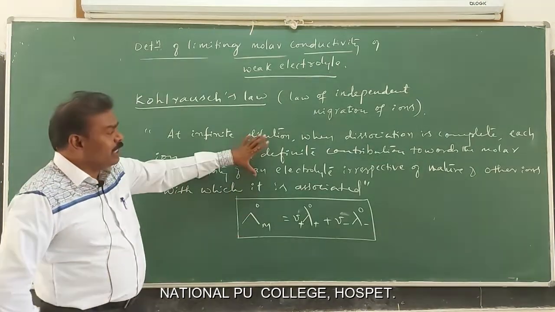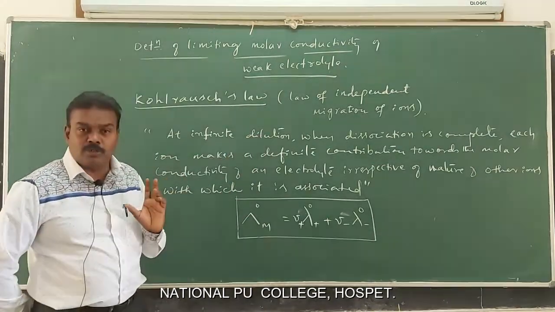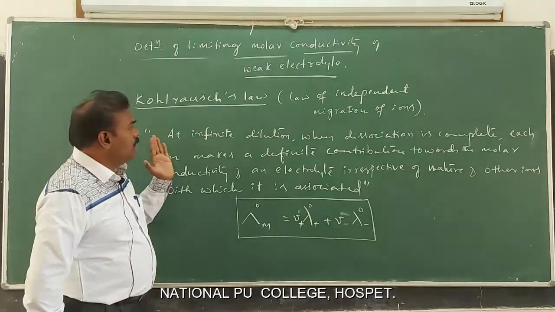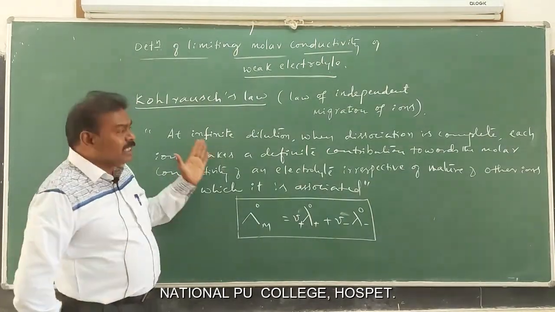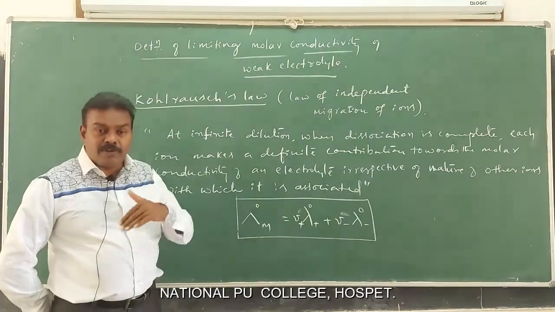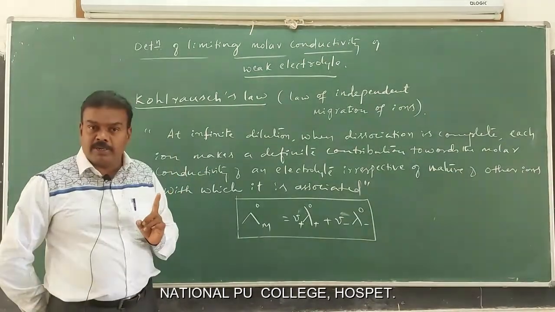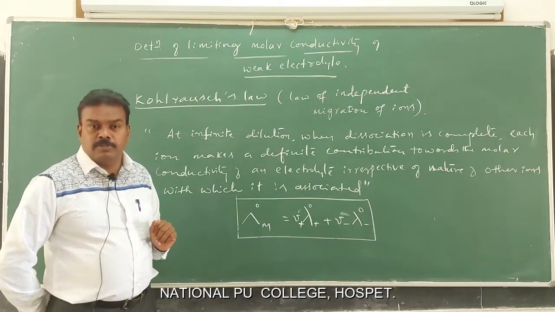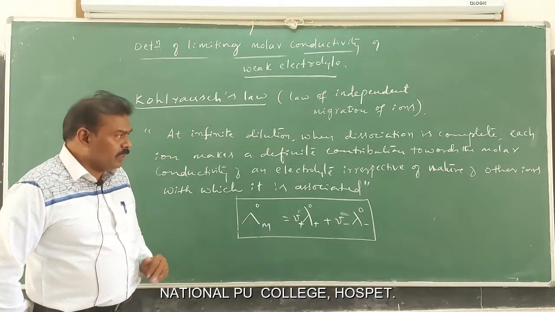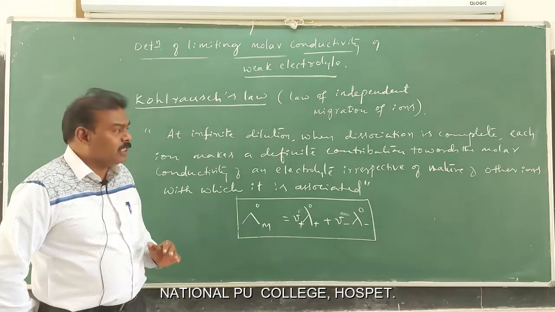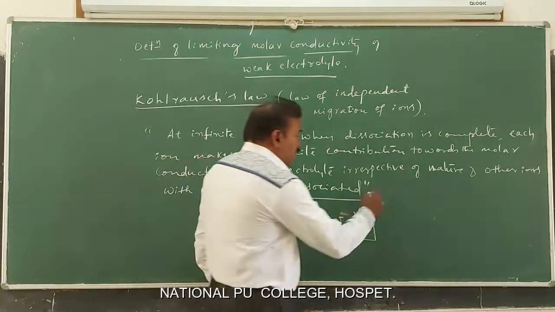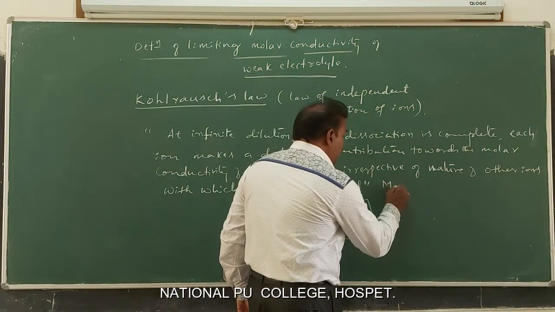Usually a 1 mark or 2 marks question will be asked, and it is very important. Using Kohlrausch law, it is possible to determine the limiting molar conductivity of weak electrolytes. For example, according to Kohlrausch law, how do we write magnesium chloride? Suppose it is one of the examples.